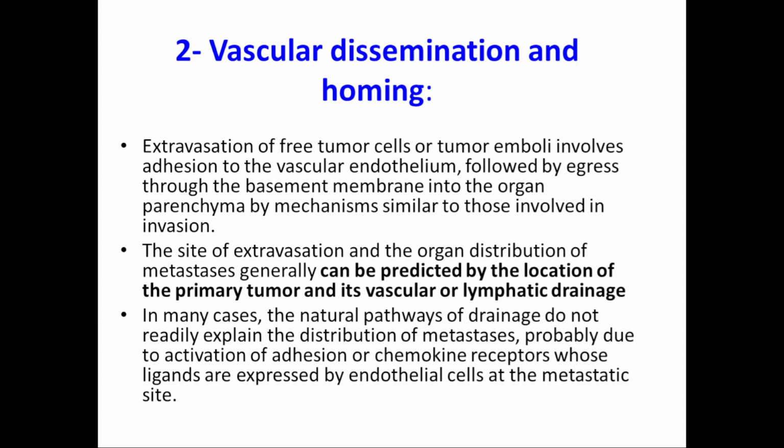What determines why metastasis happens to certain sites and not to other sites? We said metastasis is very common to the bone, the lung, and the liver, but practically the blood goes everywhere, not only to those places. Why doesn't dissemination happen to those other places? There are receptors, excellent, and also chemokines. The production of chemokines attracts the cell and pulls it from the blood. So we call this tissue homing.